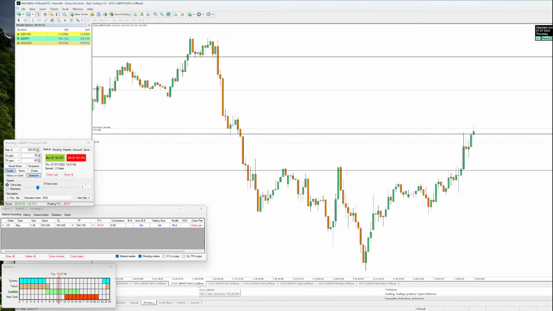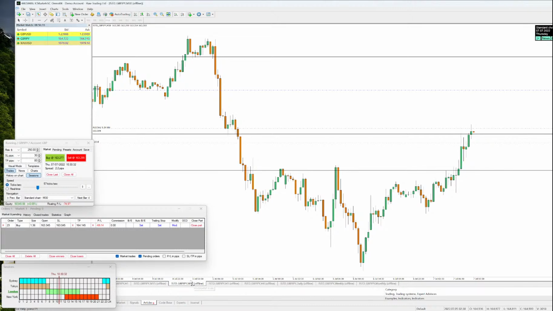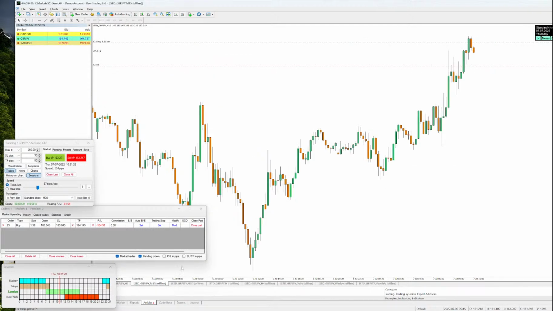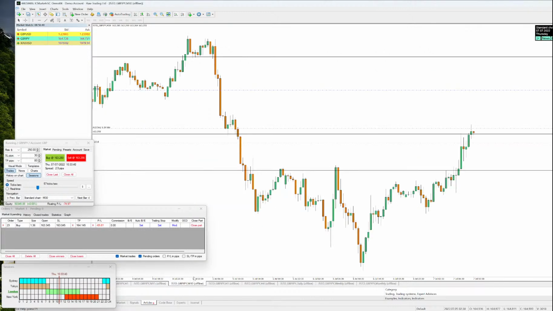It's very, very tricky. 30 minute closed very nicely. Last 15 minutes are bearish. So I don't like this at all. And I think we're gonna get stopped out.